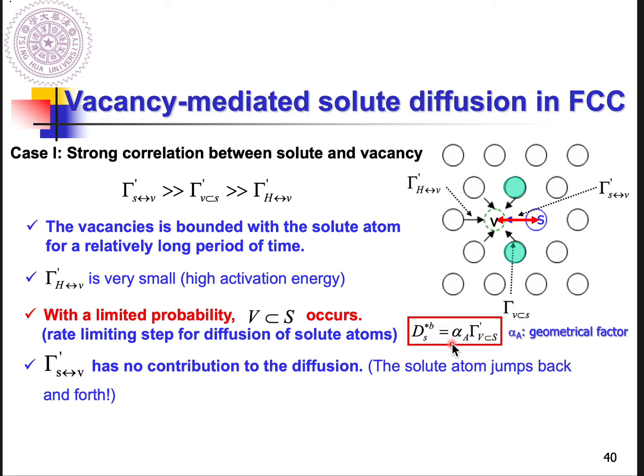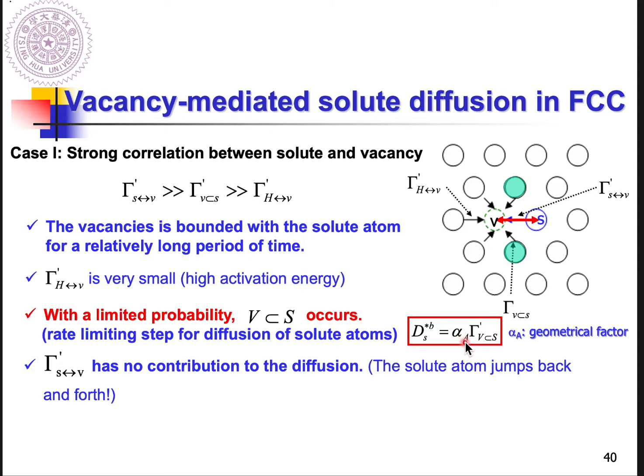It can be expressed as equal to gamma prime, the atomic jump rate between the host neighboring solute atom and the vacancy, and we also need to multiply by alpha A. Alpha A here is a geometry factor, which is highly associated with the crystal structure, for example the F, the correlation factor, and the diffusion mechanism.